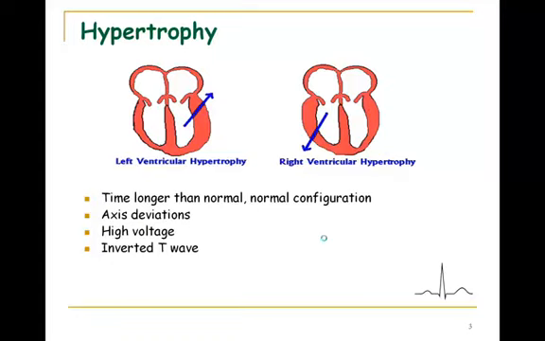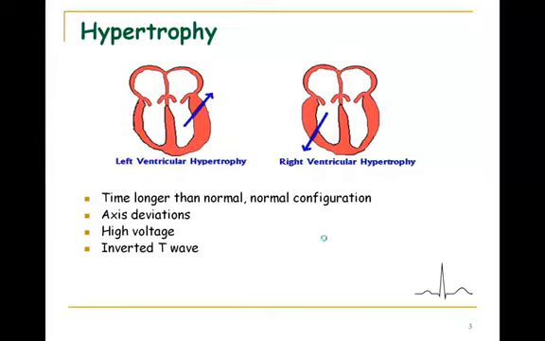So both of them are a result of increased workload demanded upon the heart. What you will see over time is that hypertrophy can result in ECG changes, and we're going to be looking at what effects they have on the EKG or ECG. Hypertrophy is associated with a prolonged QRS duration, which indicates that the ventricles took longer to depolarize. An example would be a QRS duration of greater than 0.09 seconds.